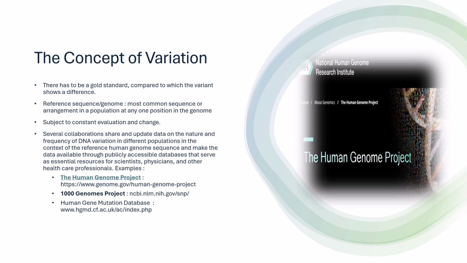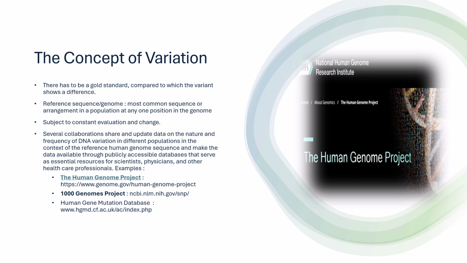How would you define a variant which is different from the common or different from the normal? That raises the need for a gold standard or a reference sequence or genome, which is defined as the most common sequence or arrangement in a population at any one position in the genome. This reference sequence is subject to constant evaluation and change.